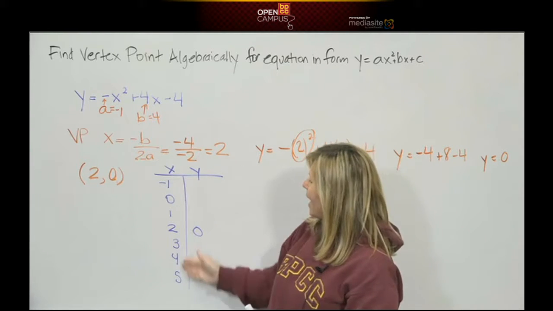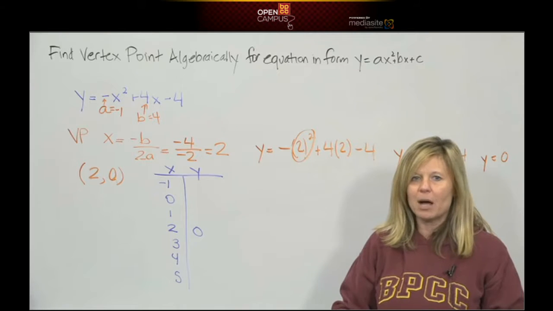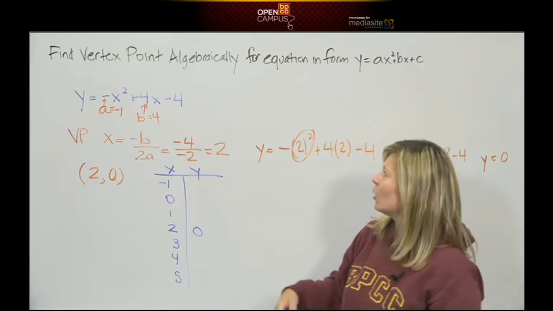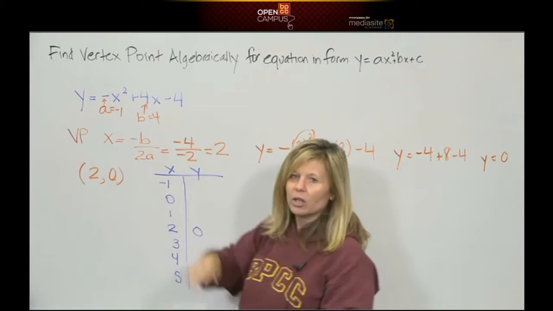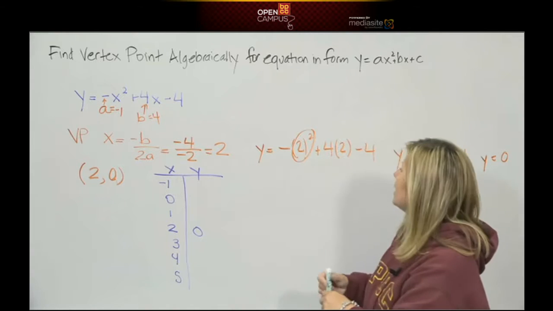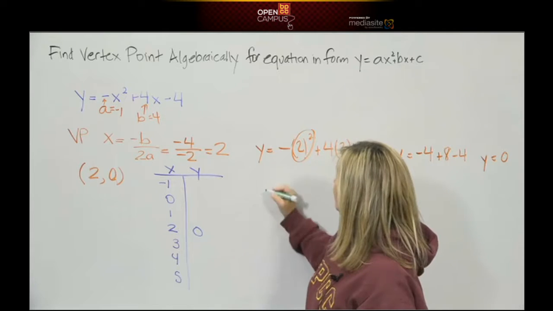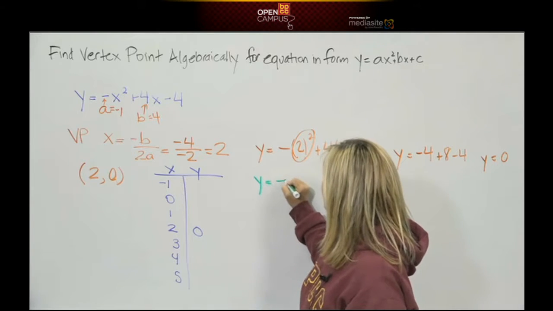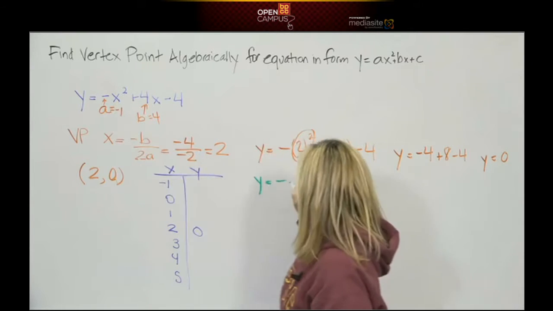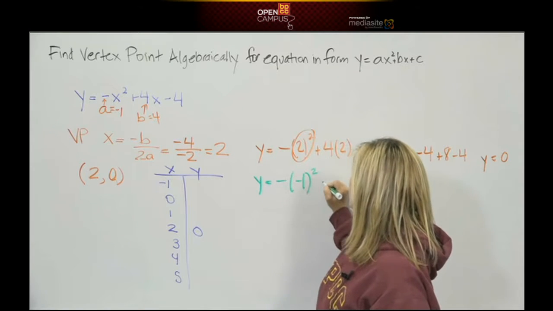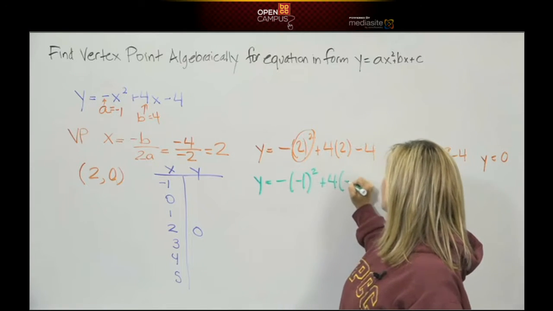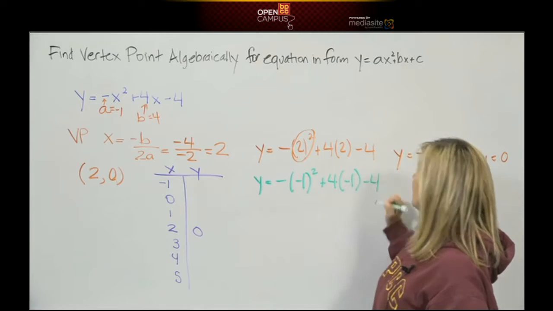Now that I have all my x values in my t-table, I need to get my y values. Again, to get y, I'm going to use this original equation. So again, it doesn't matter where you start working. I'm going to start with negative 1, so I'm going to write y equals negative. I'm going to replace x with (negative 1) squared plus 4. I'm replacing x with (negative 1) minus 4.